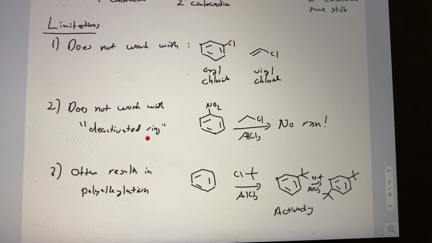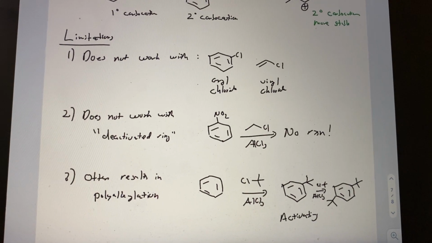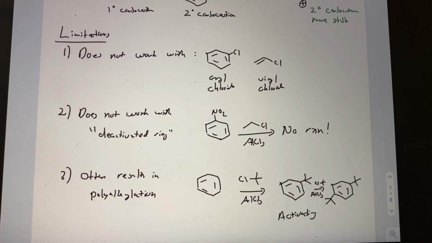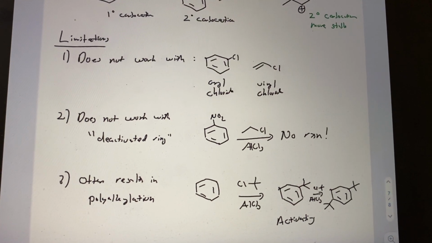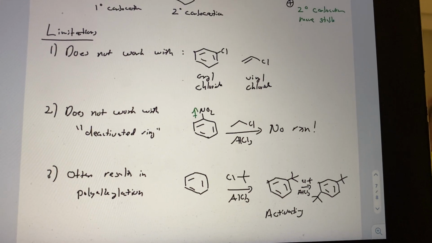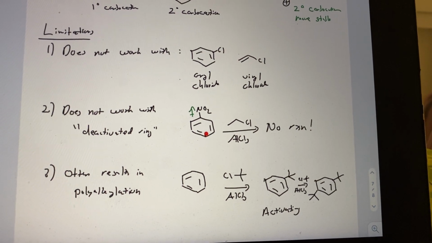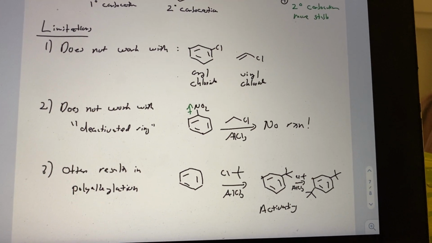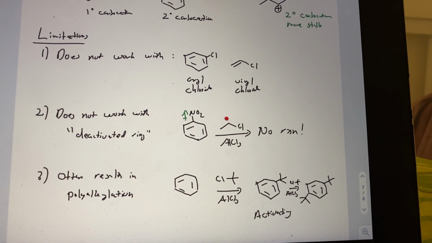Now, I just threw this deactivated ring term out here without explaining it, but what we're going to see in a couple of minutes as well is that when you have groups that are withdrawing electron density from the ring, so this nitro group is pulling electron density away from the ring, it's going to make this benzene less nucleophilic, or it's deactivating it to act as a nucleophile, because we want to use electron density here to act as a nucleophile.